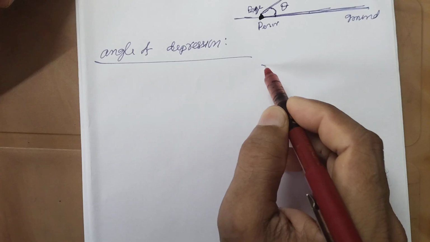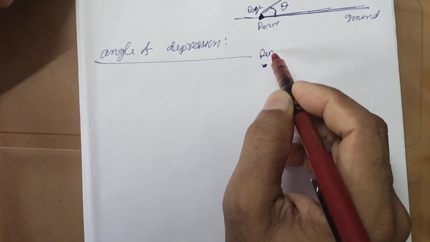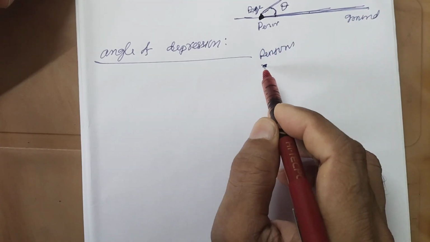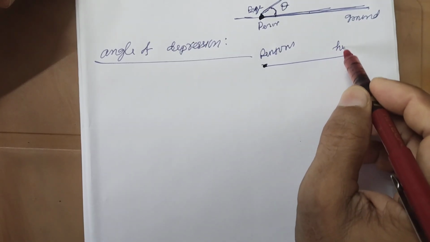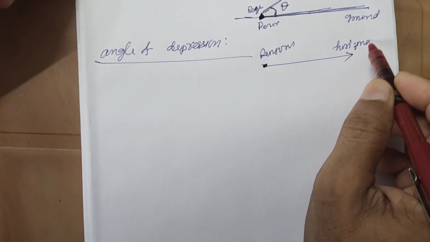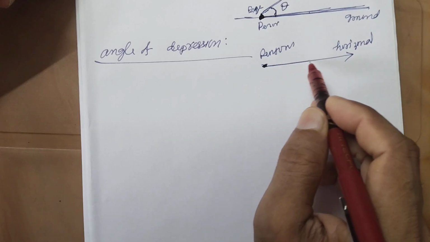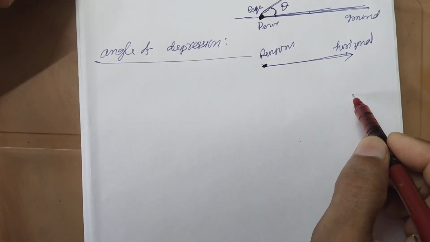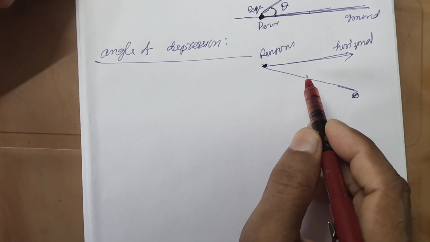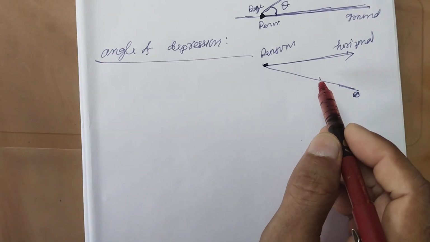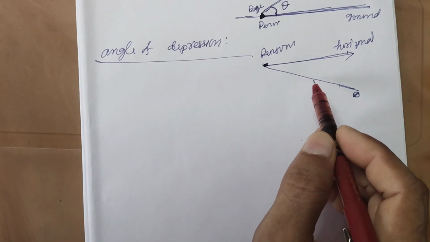And when a person, through the eye of the person you draw a horizontal line, always through the eye of the person and parallel to the ground, and the person is looking at some object downward. Sometimes we are standing on the top of a building, looking downward.